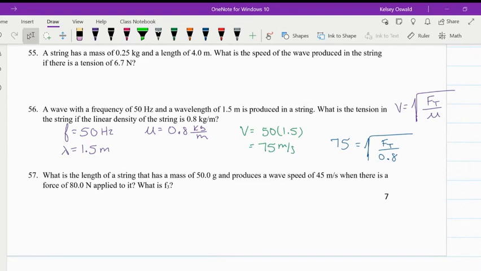To solve this, we would square both sides. So we'd have 75 squared is equal to your force of tension over 0.8. Remember, get rid of that square root first. And then we'll multiply each side by 0.8. And we would get a force of tension of 4,500 newtons. So it's a very taut string.